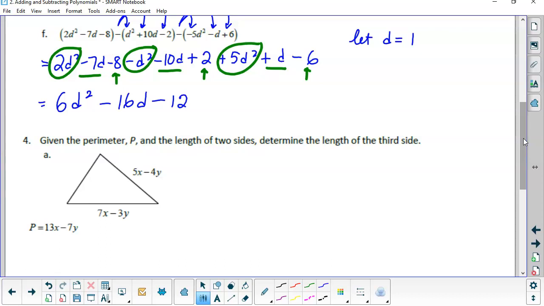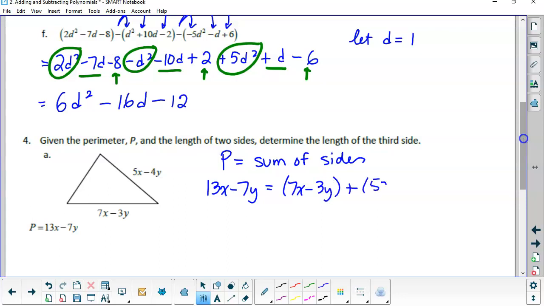So remember, perimeter is the sum of the sides. So our expression for the perimeter is 13x minus 7y. And that's going to be 7x minus 3y plus 5x minus 4y plus the missing side, the unknown side.